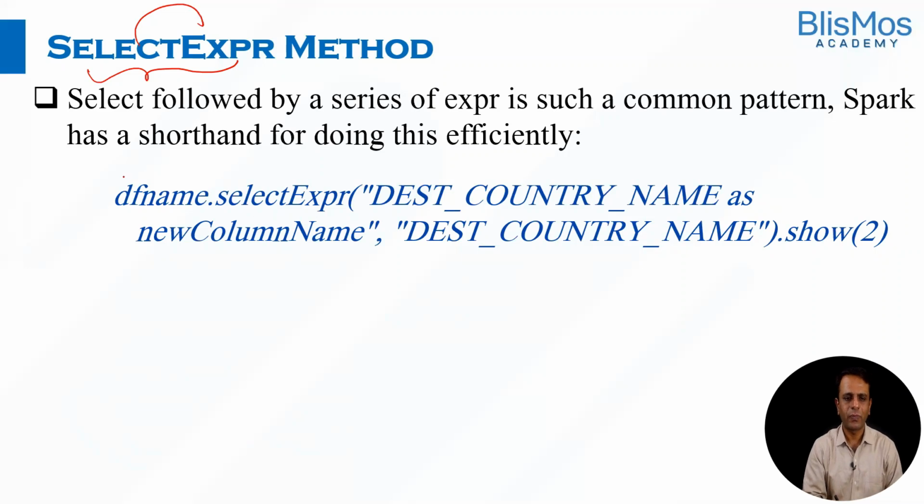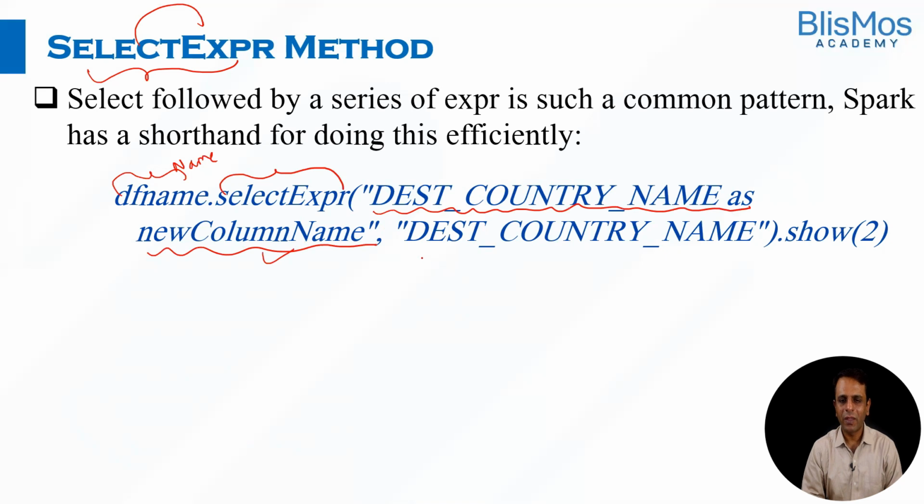The way you should use it, as usual, this is the data frame name, and here comes our selectExpr method. And if you see what we are trying to do here, this is an expression. This whole thing is an expression. Here, what essentially we are trying to do is rename the destination country name as new column name. It can be anything.